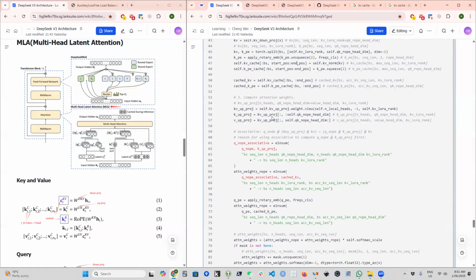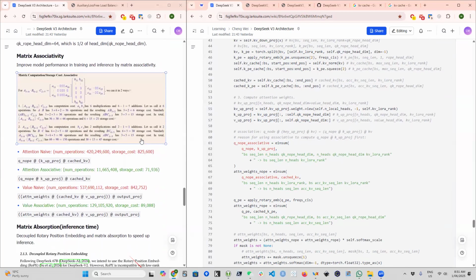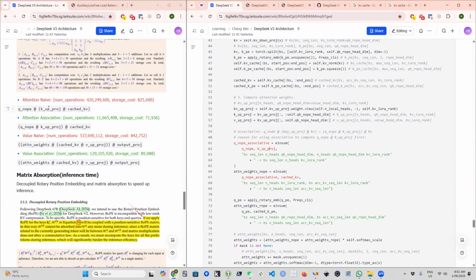Then the main step is here. We multiply the Q with the up projection matrix first. So remember here, rearranged. Before, in the naive version, we up project the key so that it becomes multi-head, right? Then Q is also multi-head. So we multiply together after we up project into multi-head.